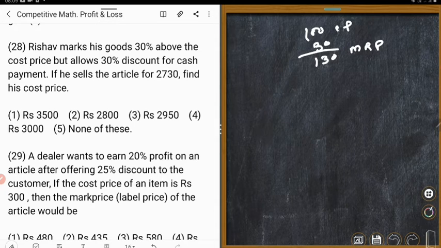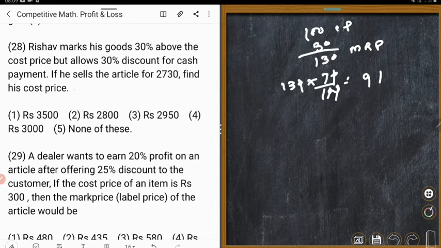But he allows 30% discount. That means 130 into 70 upon 100, zeros cancelled, is equal to 91. Could you understand? So actually his CP is equal to 100 and SP is equal to 91.